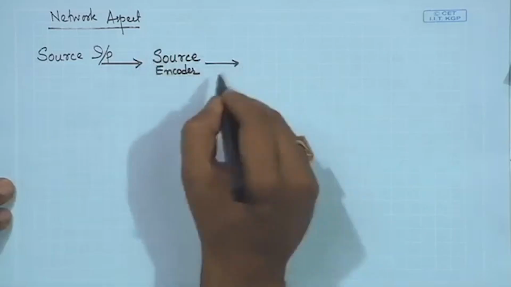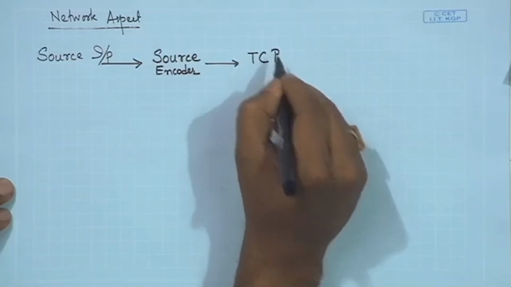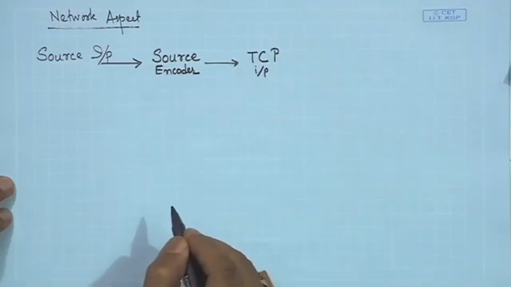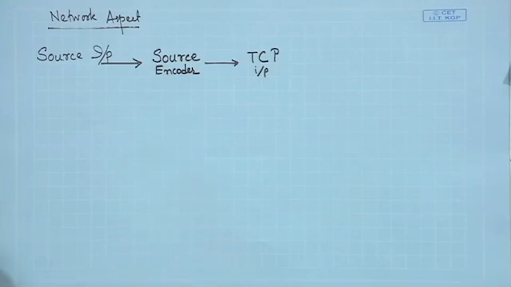Then we can say that the source encoder output goes into the TCP input. By TCP input, what we mean is the transmission control protocol, or the TCP protocol, which you generally use for the TCP IP address setting, or which one you use for quality of service, error corrections, and so on and so forth. So this is going into the network layer.